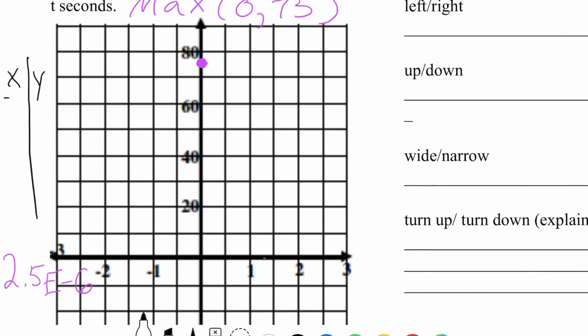And we have on our table negative 1, 59, our 0, 0.75, and our 1, 59. So to our negative 1 on our x-axis, up 59. To the right to our positive 1, up 59. And there is our graph.